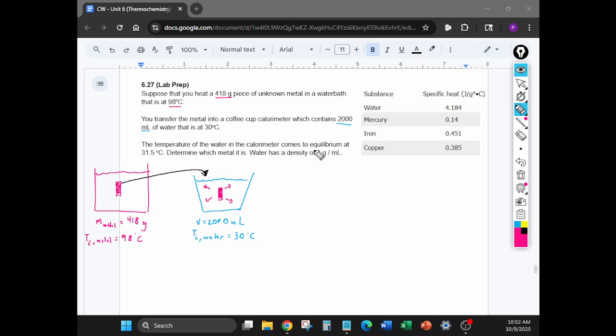And it tells you that the temperature comes to equilibrium at 31.5 degrees Celsius. So that tells us the final temperature of both the metal and the water, because they end up at the same temperature at the very end, is 31.5 degrees Celsius.